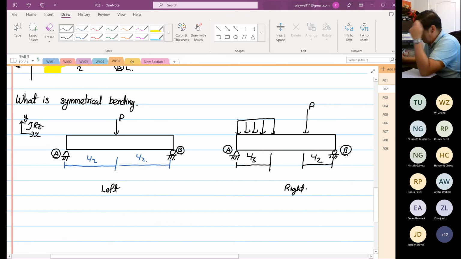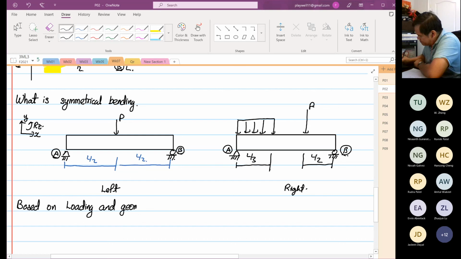Now, based on loading and geometry, the left is under symmetrical loading.